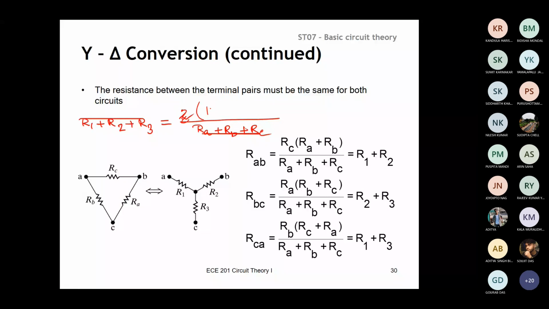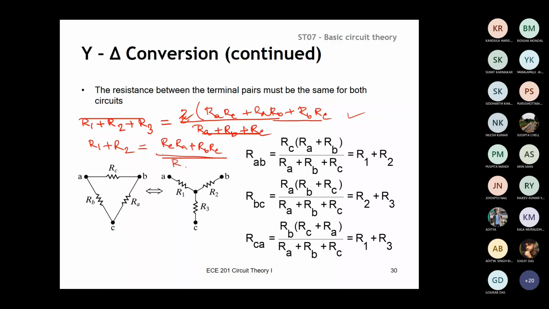So you'll be left with RCRA, RARB, and RBRC. So you have this relation, and you have the other relation, which is R1 plus R2 is equal to this RCRA, RBRC.